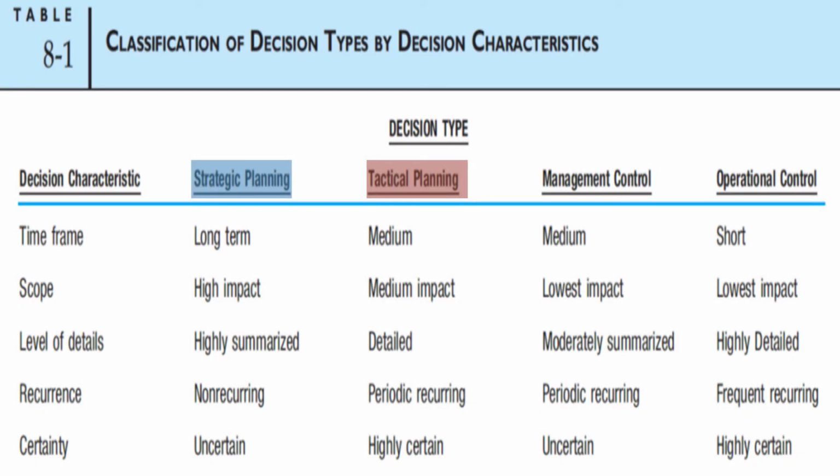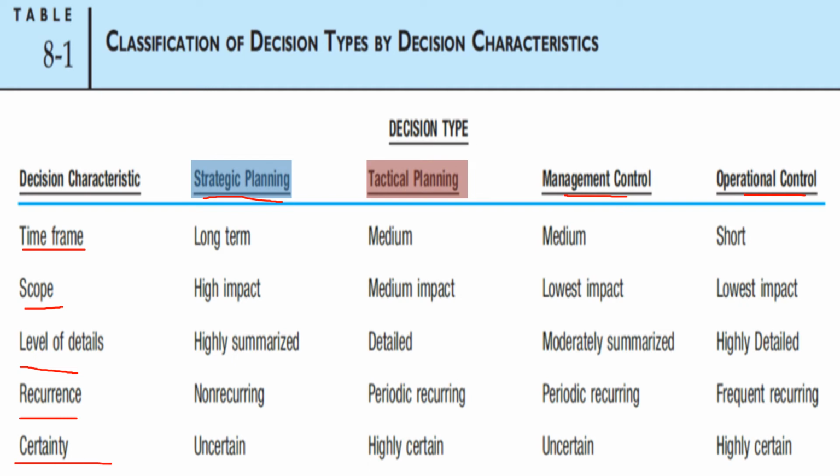Here we have this table explaining the differences between the four classifications: strategic planning, tactical planning, management control, and operational control. The comparison between those four types of decisions is based on time frame, scope, level of details, and recurrence and certainty.